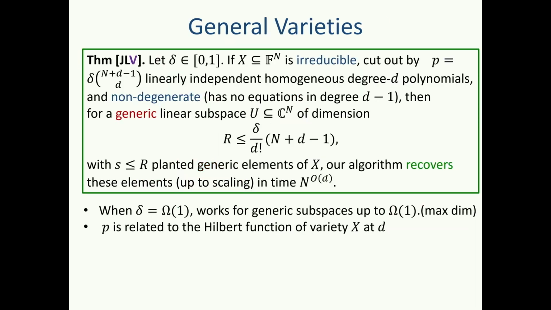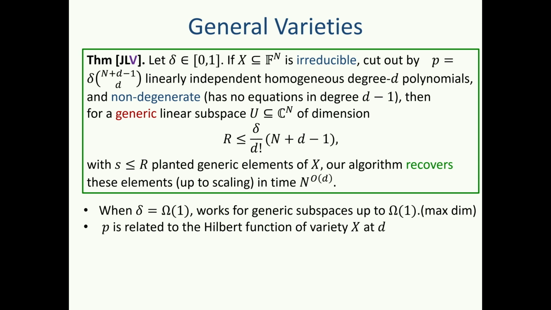This also extends to general varieties, and here we need to make some assumptions. Maybe I'll go over this a little more slowly. Here we are given a variety which is cut out by linearly independent homogeneous degree D polynomials. The way to think about it is that you have this many polynomials in total, the dimension of the set of all homogeneous degree D polynomials.